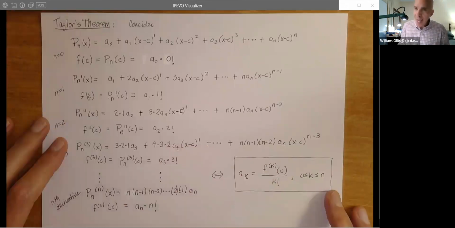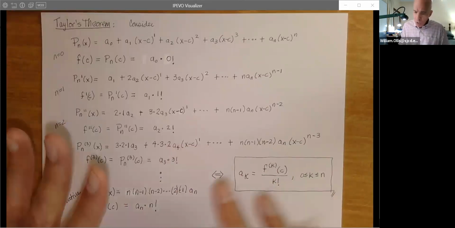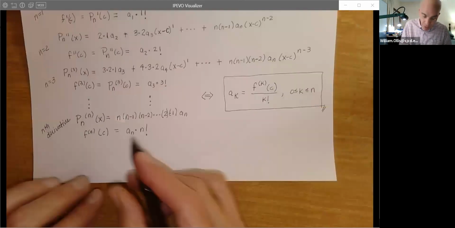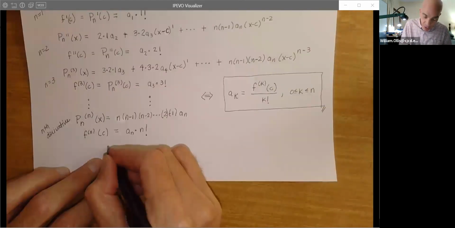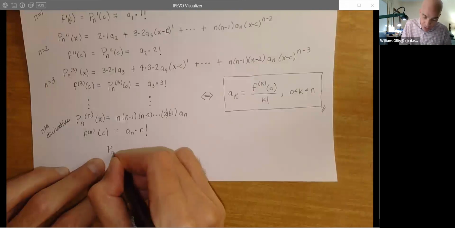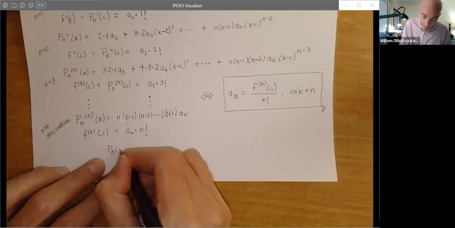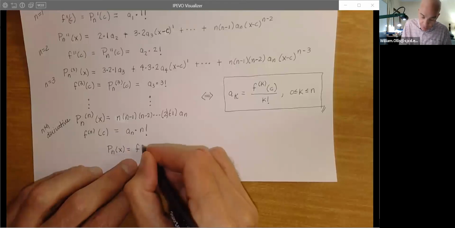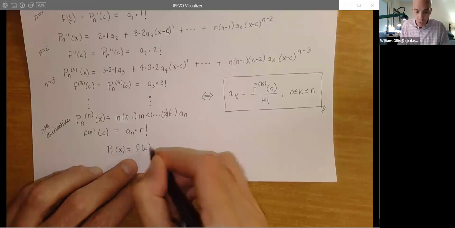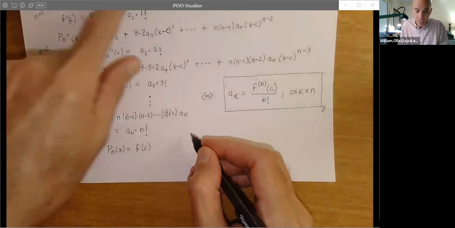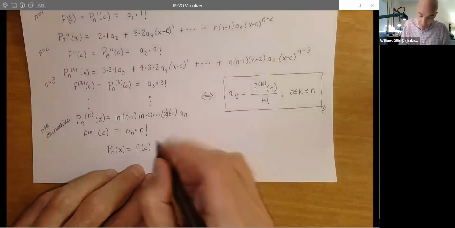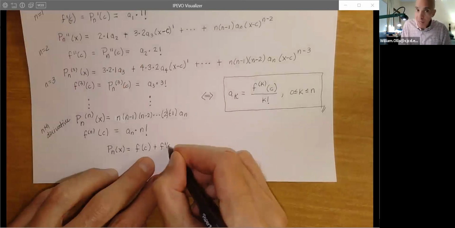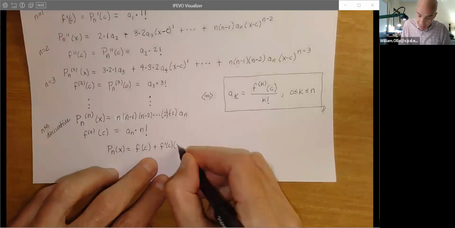So again, when you look at the Taylor polynomial, remember what we said. We said the Taylor polynomial looks just like this. Let me remind you what we got for it. We'll just have f of c right here. A sub 0 is f of c, plus f prime of c divided by 1 factorial, we just leave that out, times x minus c.